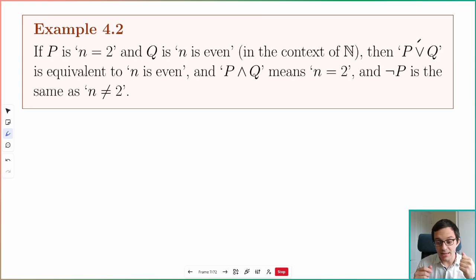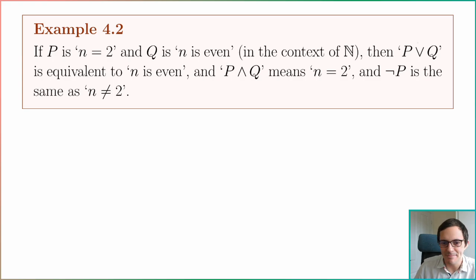You could write out n is 2 or n is even, but people will give you a funny look. Unjustified funny look, that's a perfectly valid statement. You can simplify that to n is even. You don't have to. There's nothing logically incorrect with the claim n equals 2 or n is even. That's fine. It's equivalent to the statement n is even.